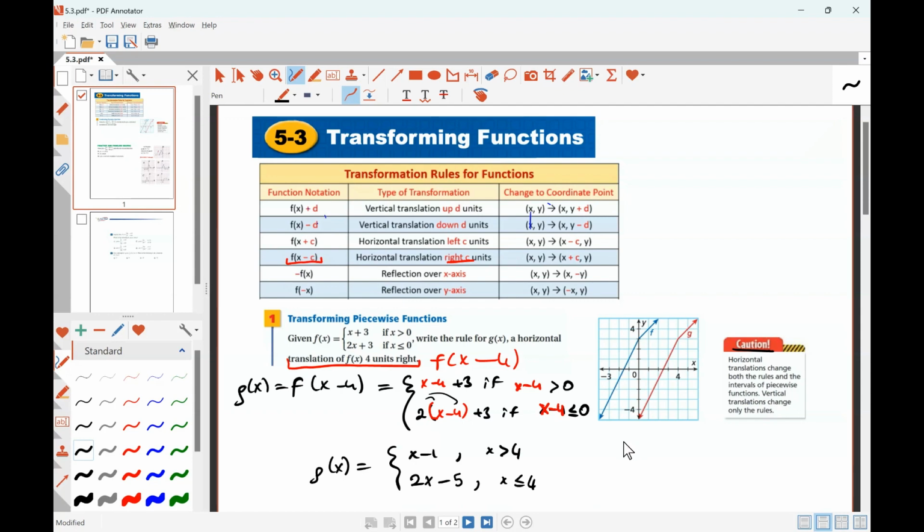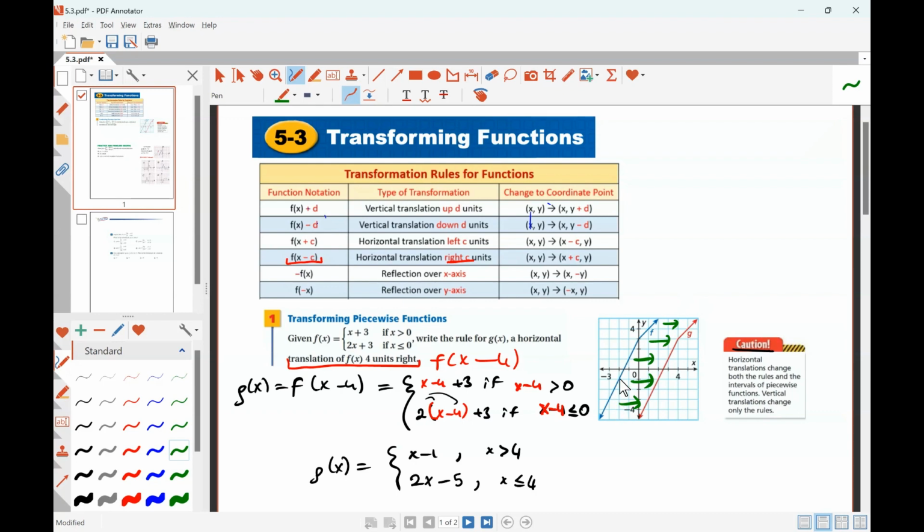Or you can graph the original function f, using a table of values and plotting the points, and move every point 4 units to the right to get the new function. So this is the translation of piecewise functions.